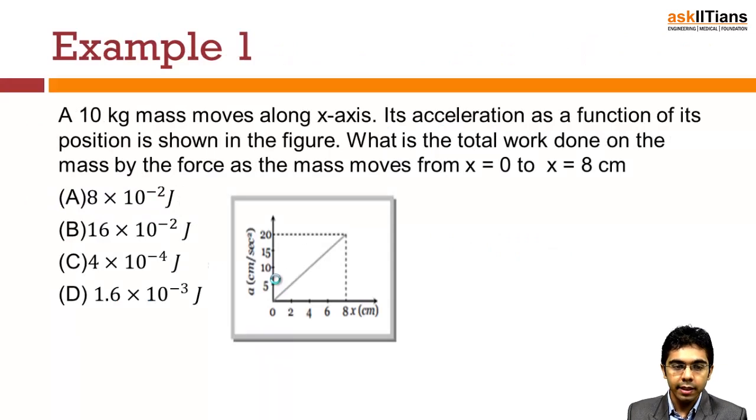Now let's look at the example. A 10 kg mass moves along the x-axis. Its acceleration as a function of position is shown in the figure. What is the total work done on the mass by the force as the mass moves from x equal to 0 to x equal to 8?